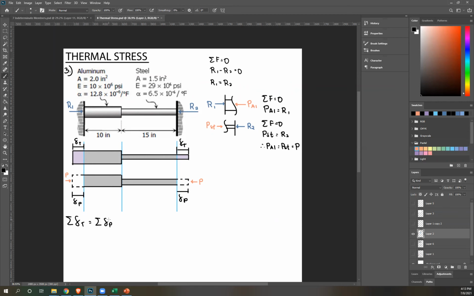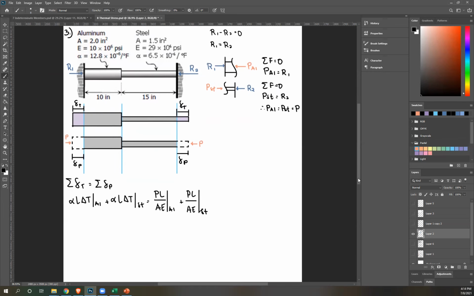Okay, so let's start first with aluminum. Same equation, alpha L change in T of aluminum, plus alpha L change in T for steel, equals, we're looking for force, so we'll use PL over A. So PL over AE of aluminum plus PL over AE of steel.